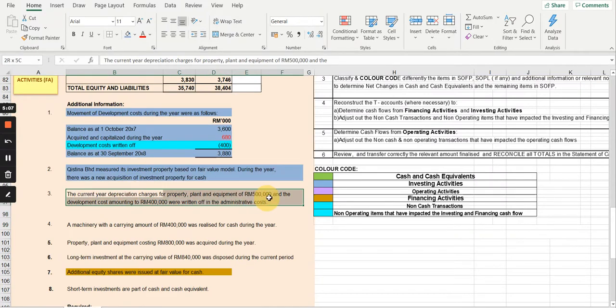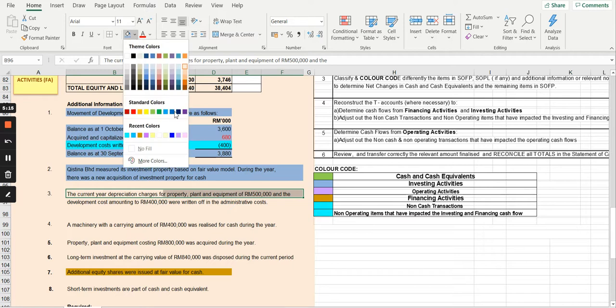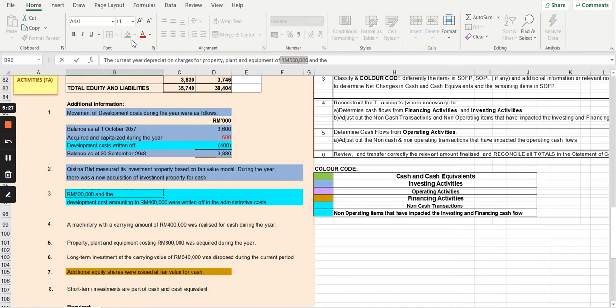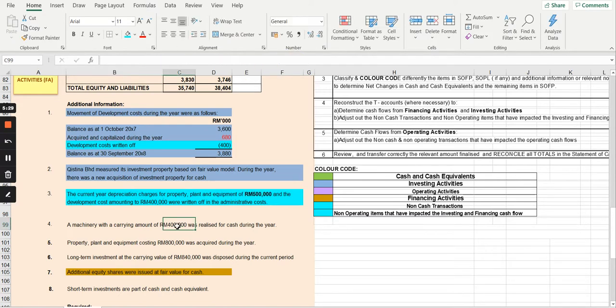Here the information is related to PPE, which is long-term asset, but that information is about non-cash item. So I put blue there. Same goes here, non-cash item, right? So the non-cash item here, this 500,000 is the one that you need to adjust out from the cash flow from operating activities.